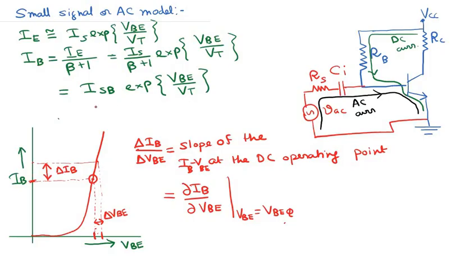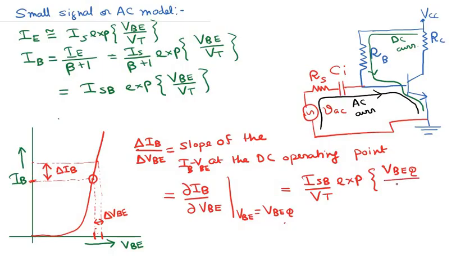So we must differentiate this expression to get del IB del VBE. This is equal to ISB divided by VT, exponential of VBEQ divided by VT, because we have found this at VBE equal to VBEQ.